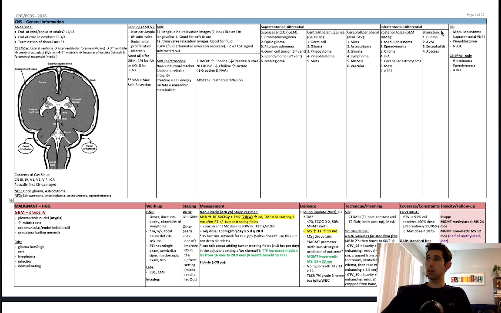Brainstem, GAEA: glioma, AVM, encephalitis, or abscess. Craniospinal irradiation is done for medulloblastoma, for supratentorial PNETs, for pineoblastoma and non-seminomatous germ cell tumors. CSI for M positive disease only for germinoma, ependymoma, and atypical teratoid rhabdoid tumor.